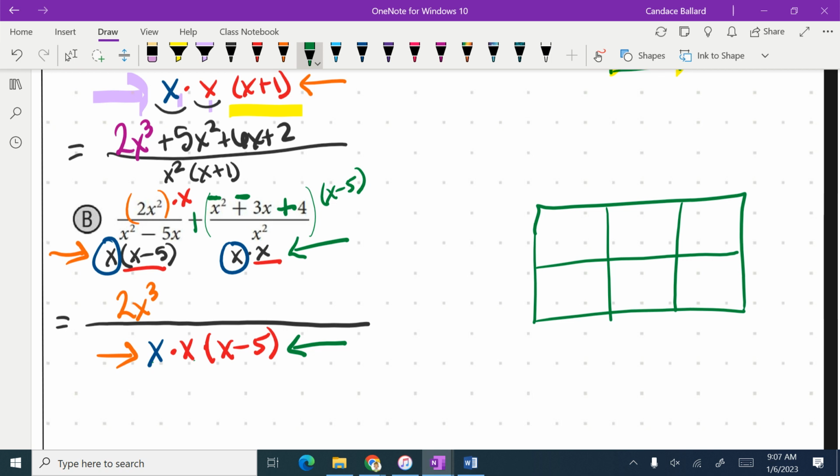So my trinomial across the top, which is negative x squared minus 3x plus 4. Down the side, and watch what I do with the negative sign down the side. I'm going to make sure the negative is in front of my 5 so that I don't mess up my signs. I want you to try the box, since that's kind of a new intermediate step here. Everybody try it.